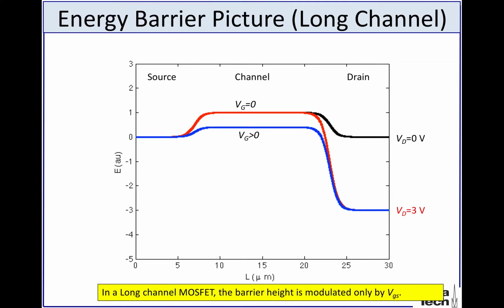Now if we apply a gate voltage, the barrier height changes for the electrons to flow from the source to the drain, and that is the essence of the model. The barrier height is modulated only by the gate voltage and not by the drain voltage in a long channel transistor.